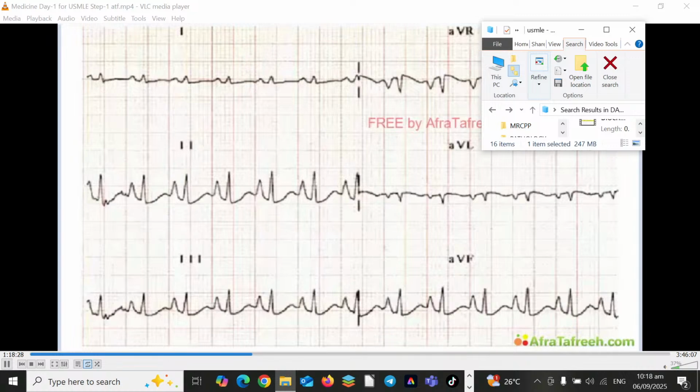Correct. So this is a normal axis. This is a normal rhythm. So this is a positive deflection because there is net positivity. It is not in negative. So it is not the size, which is the absolute size.